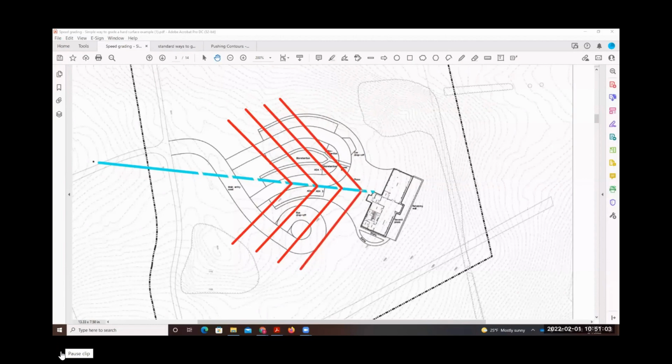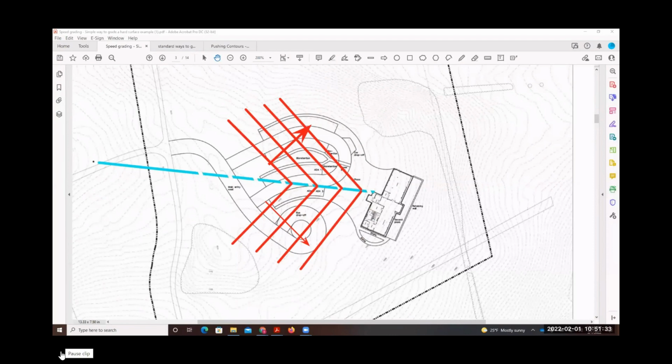So as I've drawn this just now, the slope on the upper side is steeper than the slope on the lower side, because the contour lines on the upper side are closer together than the contour lines on the lower side. But they still work.